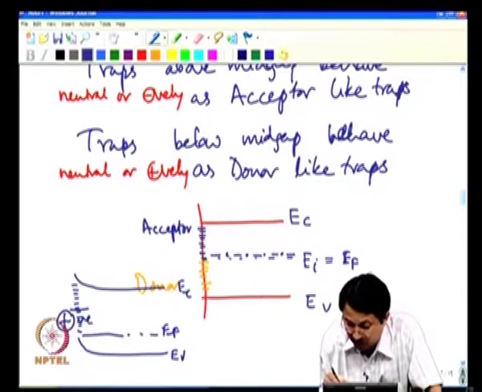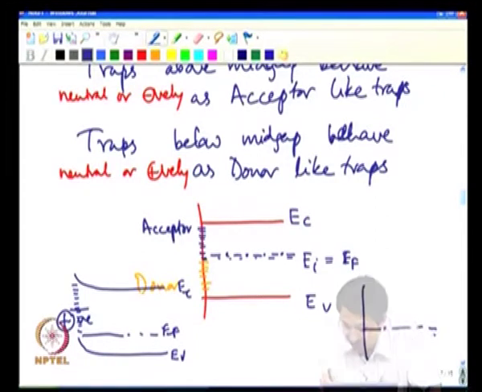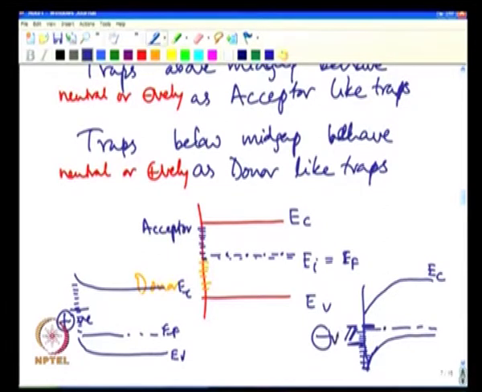So, now most of the traps are filled because now the EC has come very close to Fermi level. So, most of the traps below Fermi level are all filled. Donor-like traps are not going to give anything extra, mid gap is somewhere here, okay. But these acceptor-like traps, you see, they are all filled with electrons, they give negative charge.